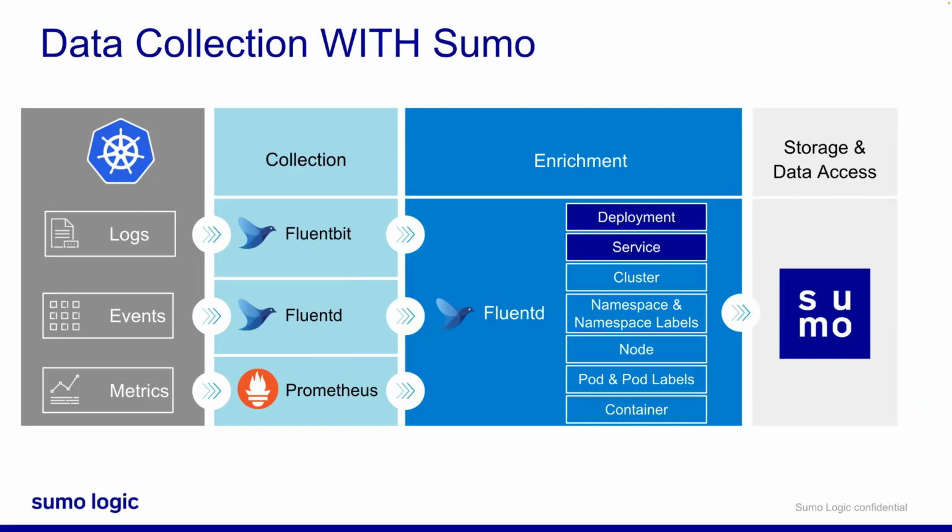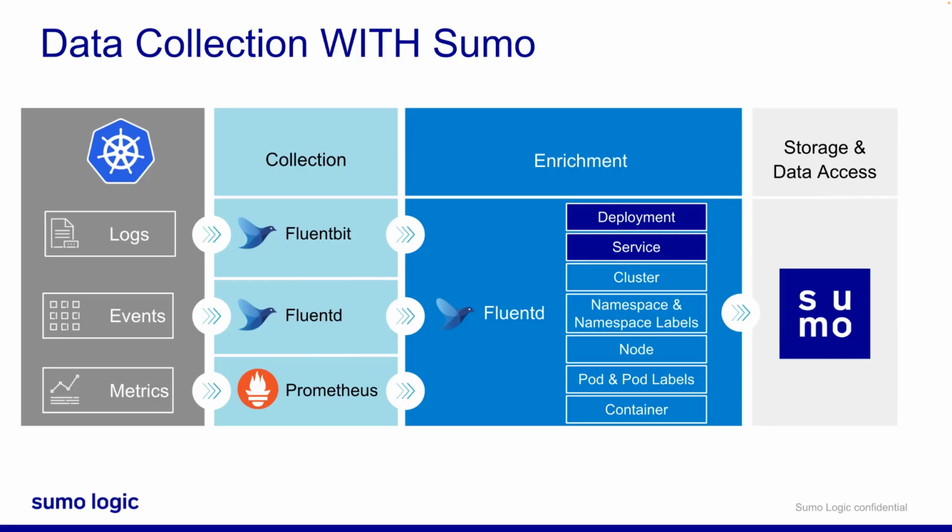As we look at enrichment, we funnel everything through a centralized Fluentd pipeline for metadata enrichment. Not only do we tag the container, pod, node, and cluster, but we also identify the service and deployment for each entry. Kubernetes is rich with metadata, such as pods, labels, and namespaces. And the metadata are descriptors of these Kubernetes entities and how they relate to one another.